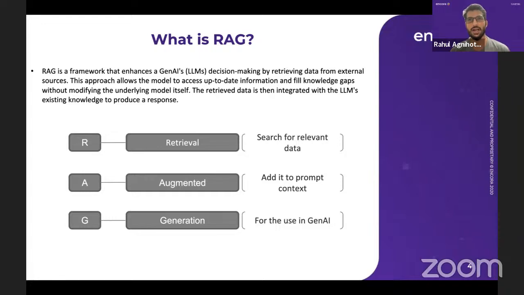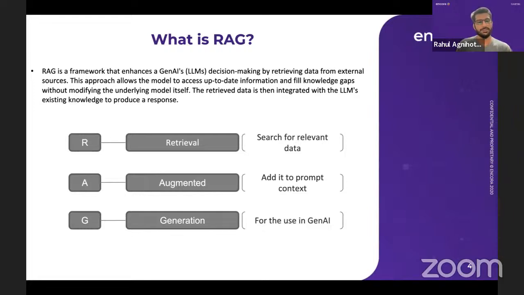So there comes the picture of RAG. What RAG enables is it adds external data to the GenAI's context, and your question can be answered using that data. You enable your GenAI model to look into data beyond what it has already seen in the past, and it can answer your question based on that data.